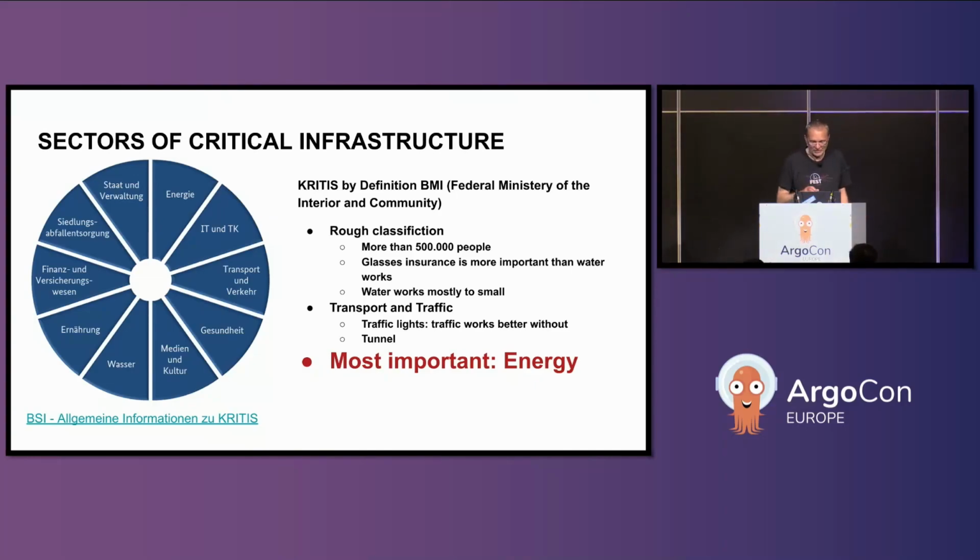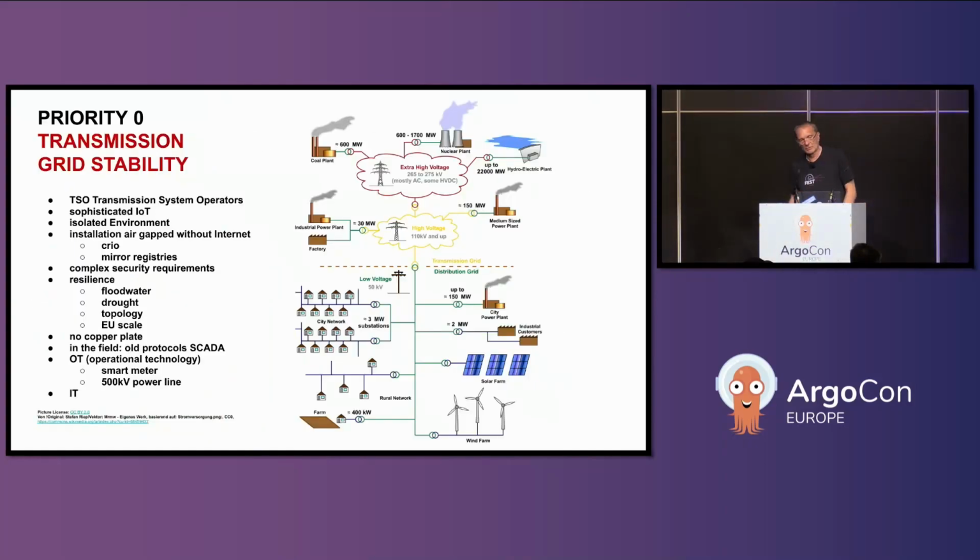But the most important area is energy. So if we lose energy, then we have a real problem. And this means if we want to do Kubernetes in CRITIS energy, we need to be especially careful. Why? Priority 0 is the transmission grid, which is more or less managing the electric current on every level, and what I'm talking about is the upper part, where you have 110 kilovolt and up.